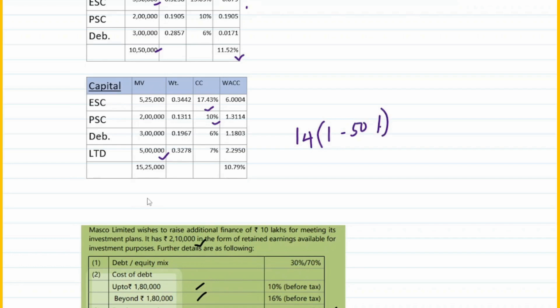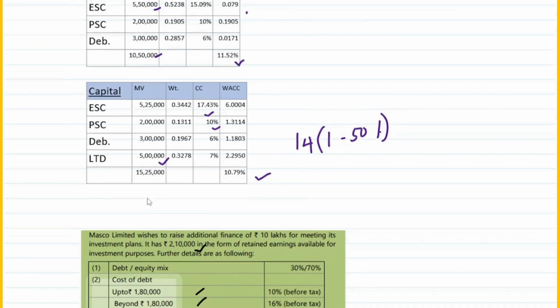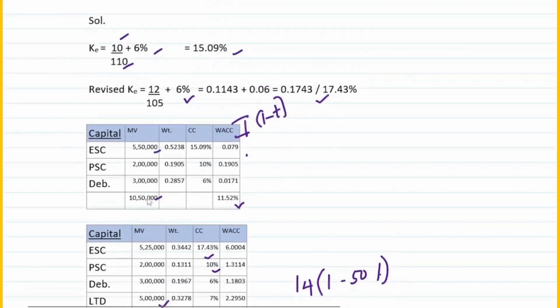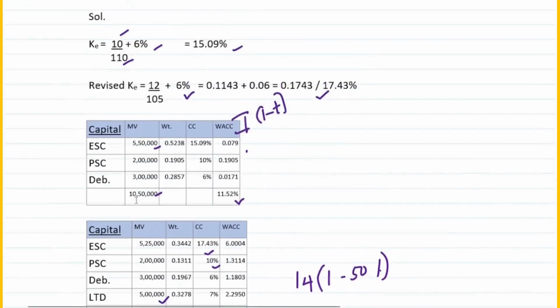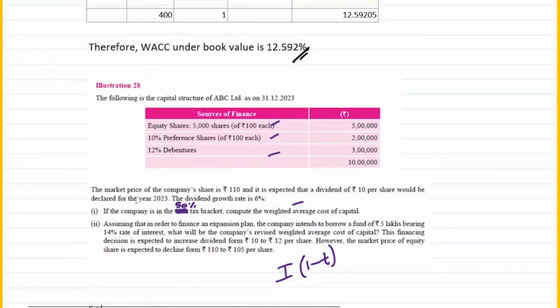And for WACC, what do I do? Weights multiplied by cost of capital, and then I aggregate it. So I get up to 10.79%. So that's what the question. So initially the WACC is 11.52. After borrowing the loan, I'm getting a WACC of 10.79%. I think this question is clear.